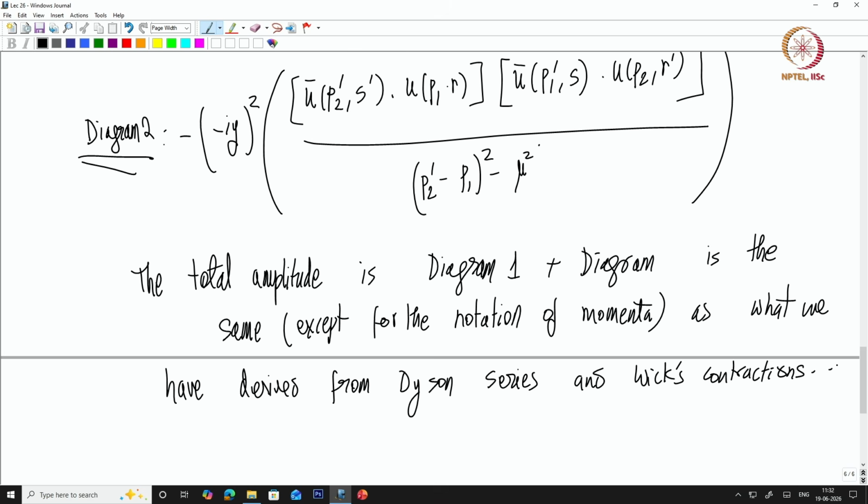So, the Feynman method is essentially the easiest method, and we can use it.